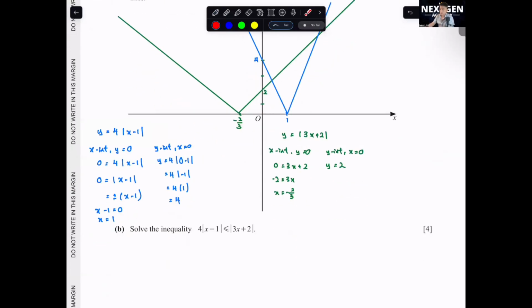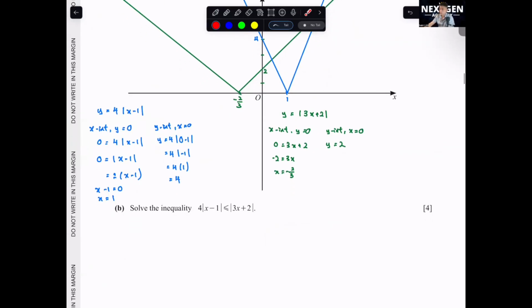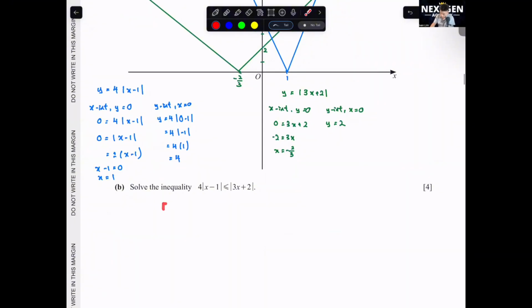Okay, the next one, solve the inequality. When we got modulus at both sides, we square both sides, okay, to solve this. So square this: 4x minus 1 bracket square less than or equal to 3x plus 2 square. Okay, try not to do the plus minus over here.